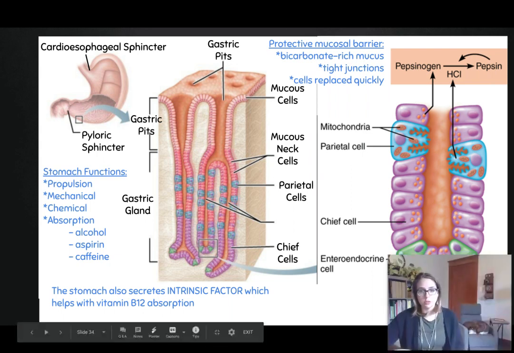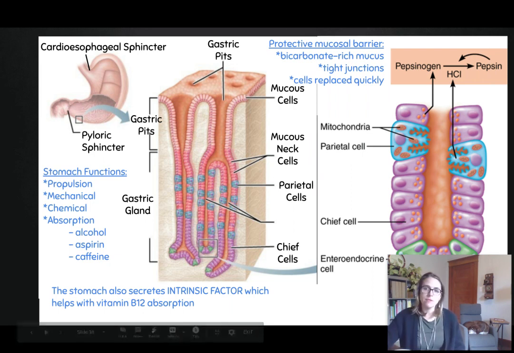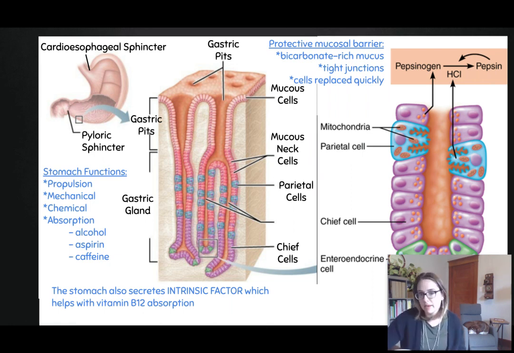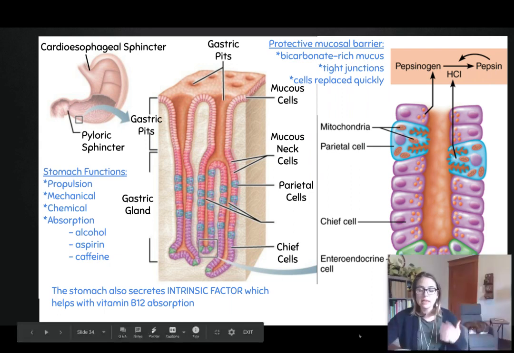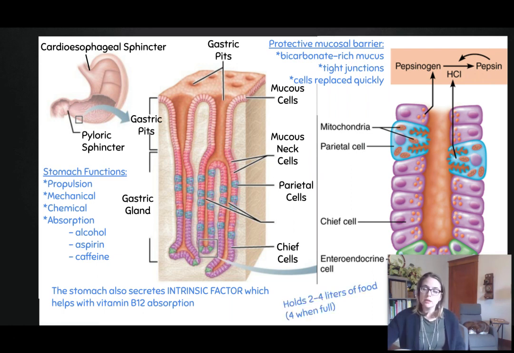And then a fun video that I've posted today is how big can your stomach get? How much can you eat? I enjoyed a lot of snacks last night, and my stomach felt very, very full. We're going to talk about the brain connection to your stomach, but right, your stomach can hold 2 to 4 liters of food. 4 liters is a lot of food.